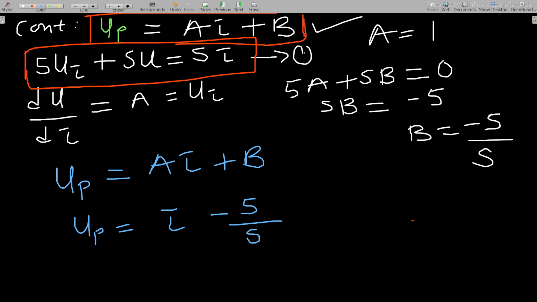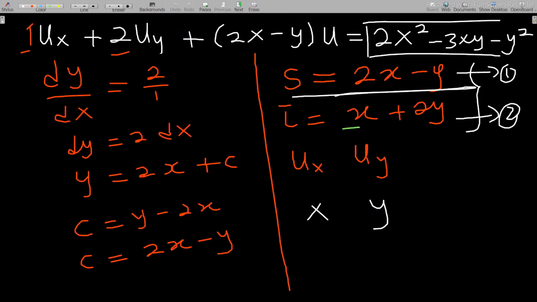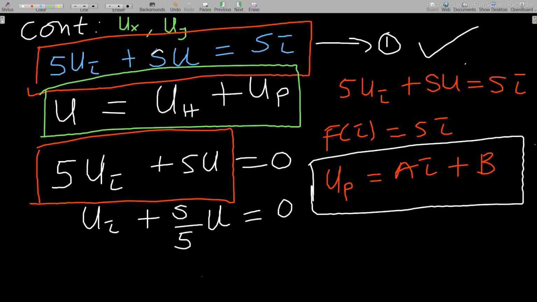Now our final answer is given by what? Let me write it well. This is what I have for the U particular, and we said our final answer is equal to U homogeneous plus U particular.